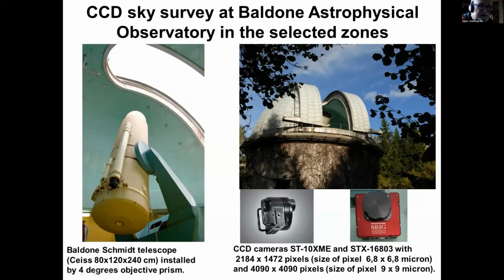It means that the telescope covers 19 square degrees of the sky in the photographic frame and 2 square degrees in the CCD frame. The telescope is also equipped with a 4-degree objective prism, which gives a low spectral resolution, about 500.